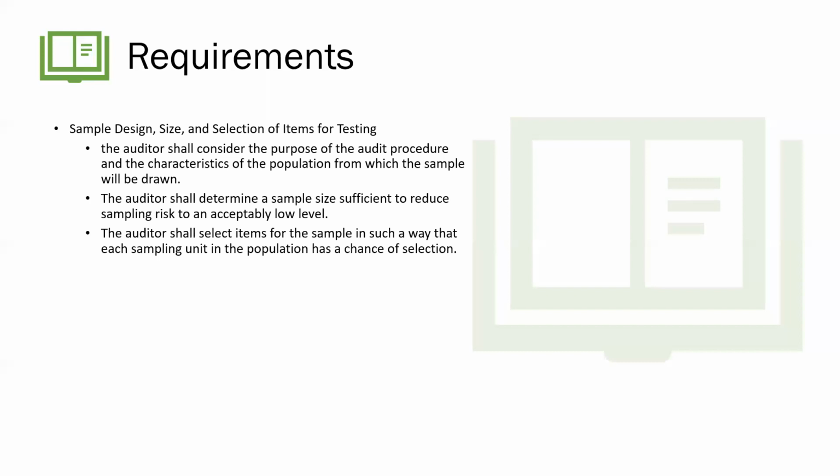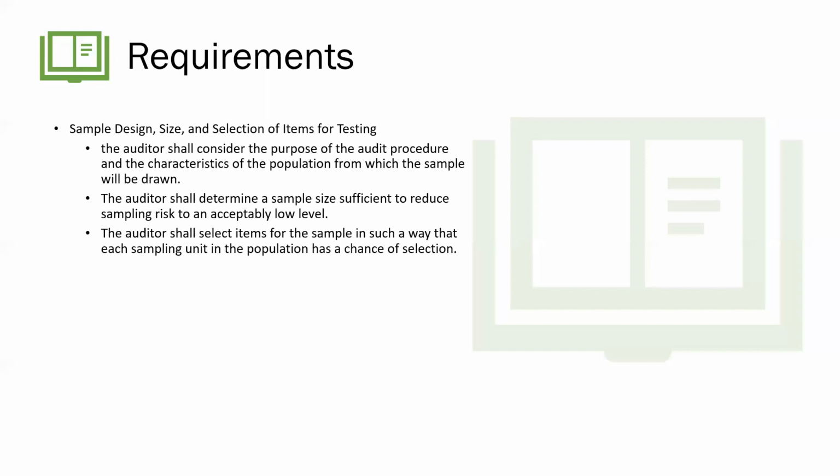Thirdly, the auditor must select items for sample in a way that each sampling unit in the population has a chance of selection. So what this means is that the population in which the auditor is selecting their sample from must be complete. So the auditor must first make sure that the population is complete.